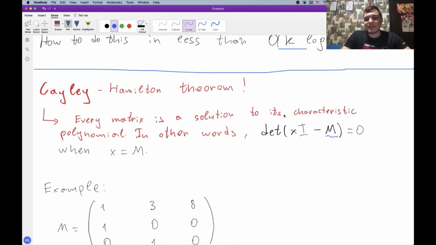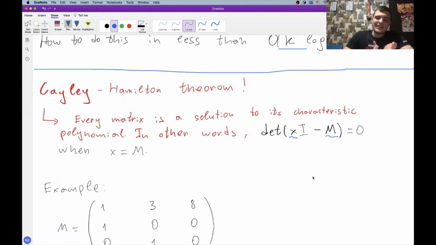Or in other words, the determinant of x, where x is some constant or maybe something else, multiplied by the identity matrix minus m is equal to 0. So it basically says that when we replace x by m, then the determinant will be 0.